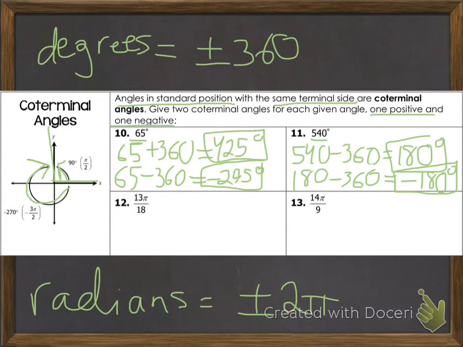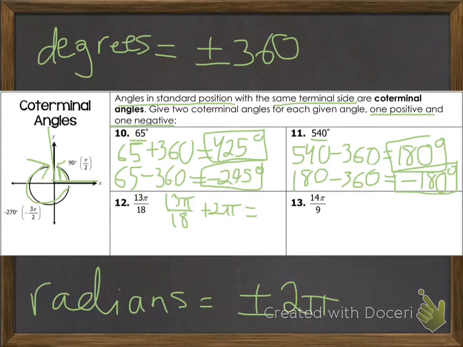So we're going to have 13 pi over 18 plus 2 pi. So when adding these together, I'm going to say don't even worry about the pi's. So say we just scratched out pi, like it's not even there. So type in your calculator 13 over 18 plus 2.